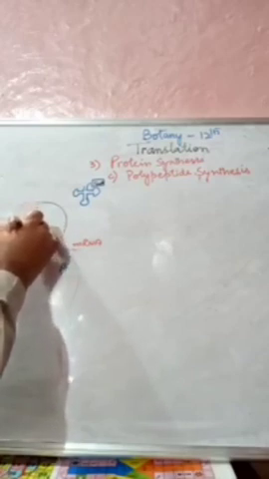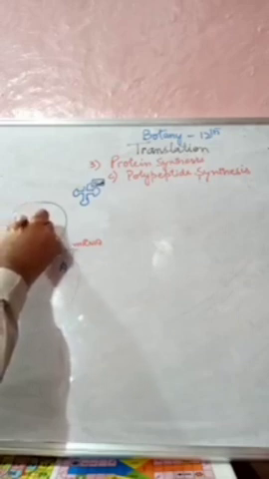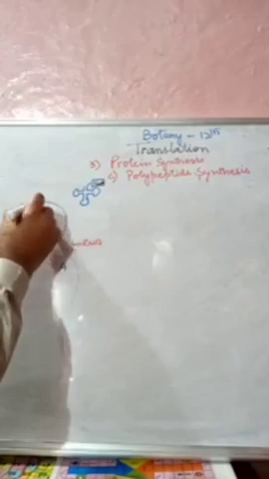First loop, this is the second loop, this is the third loop, and this is what we will see here.